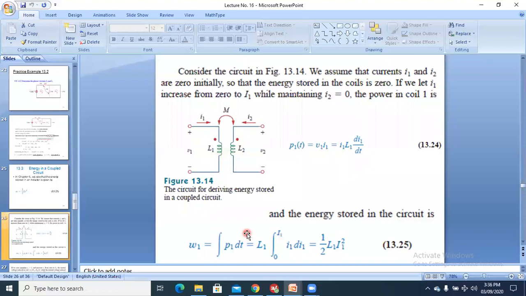So for the energy, we integrate the power for the value of current from 0 to capital I1. So we integrate this value of i, which is in fact 1 by 2 L1 I1 square. That's the simple way to calculate the energy stored in the circuit by the inductor L1.